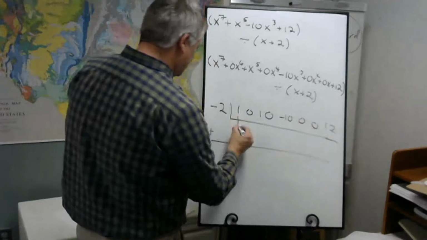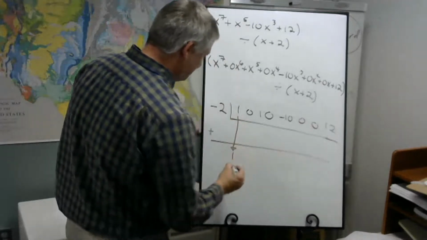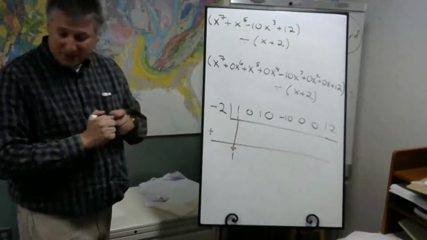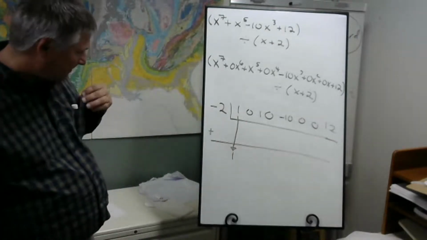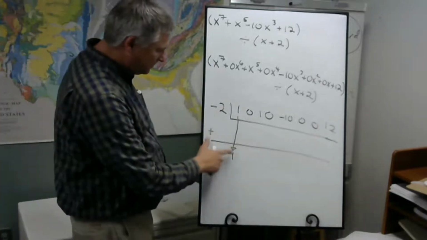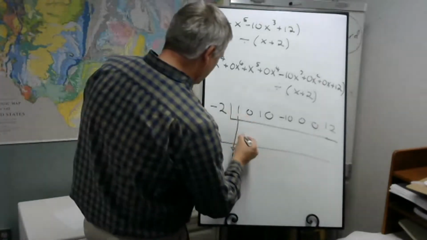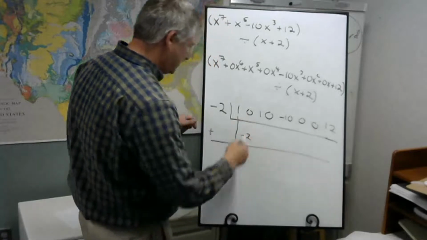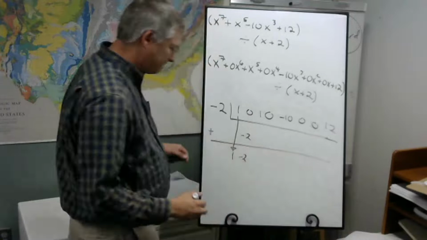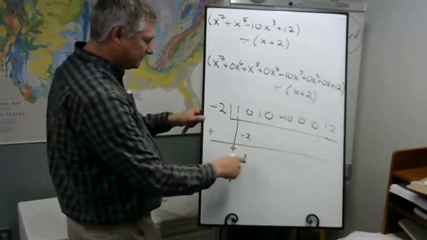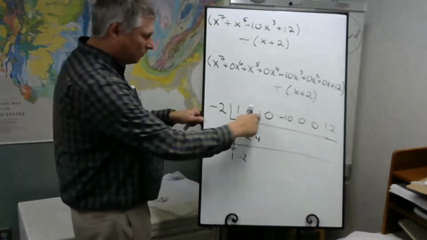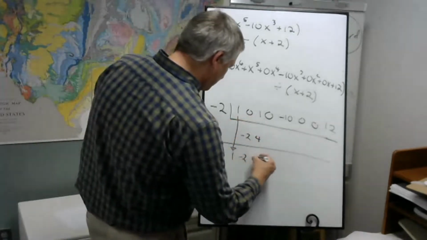Bring down the first coefficient. Don't want to call it a term, coefficient. And then let's do our multiplication. So when we do that, we get -2 times 1 is -2. Add these, and we get -2. Then -2 times -2 is +4. 1 plus 4 is 5.